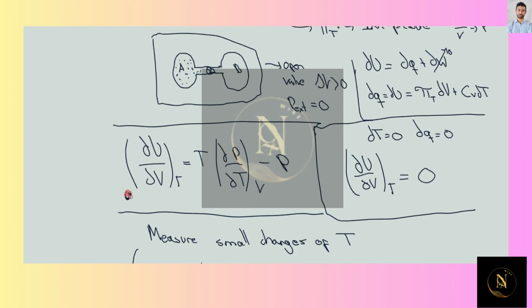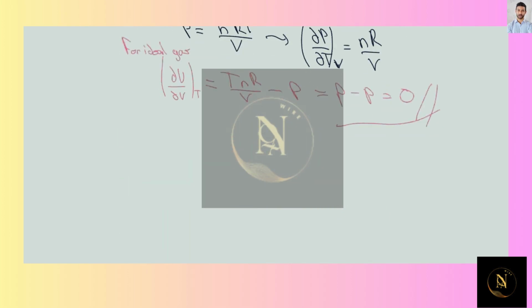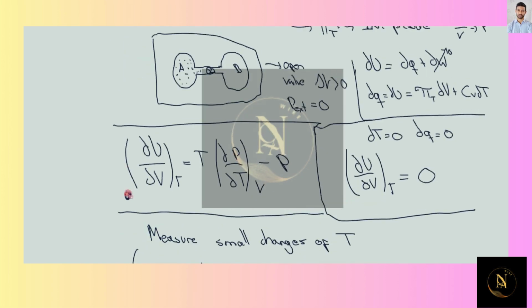So that is why we know that the internal energy for an ideal gas is only a function of temperature and not a function of the volume, which is going to be the main conclusion nowadays from the Joule experiment.